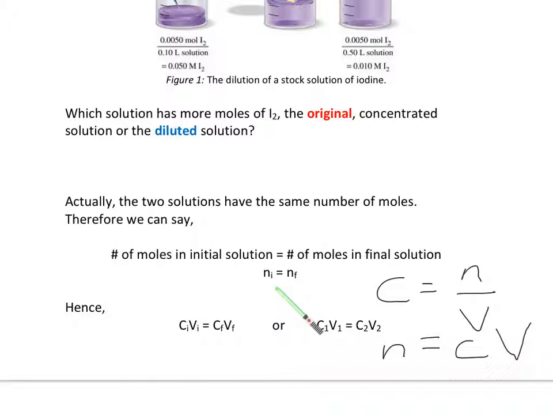When you dilute a stock solution, you're not changing the number of moles, you're just changing the concentration and the volume. Sometimes, and actually this is the way that I prefer, you'll see C1V1 equals C2V2. It means the exact same thing. C1V1 refers to one solution, and C2V2 refers to the characteristics of the other solution.